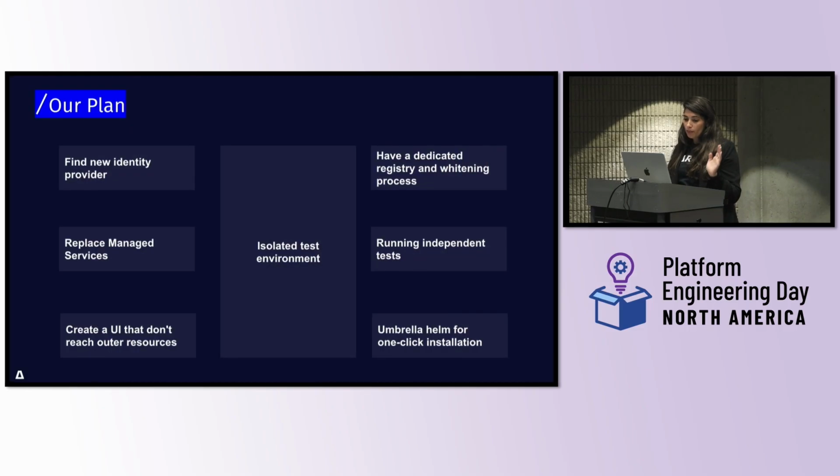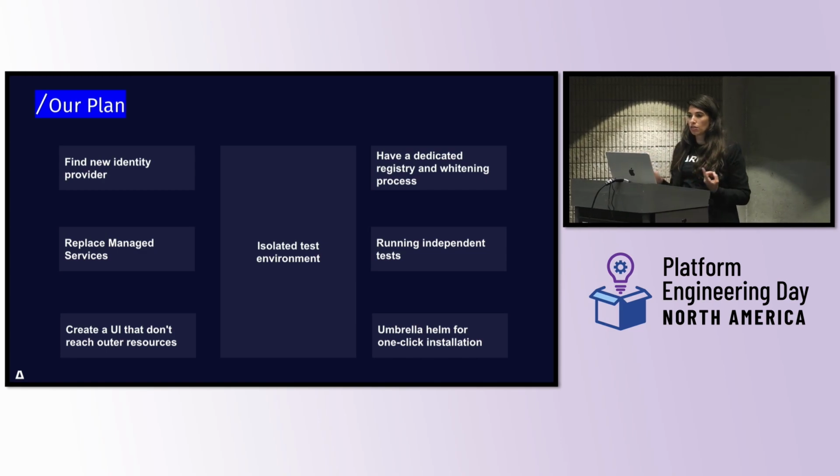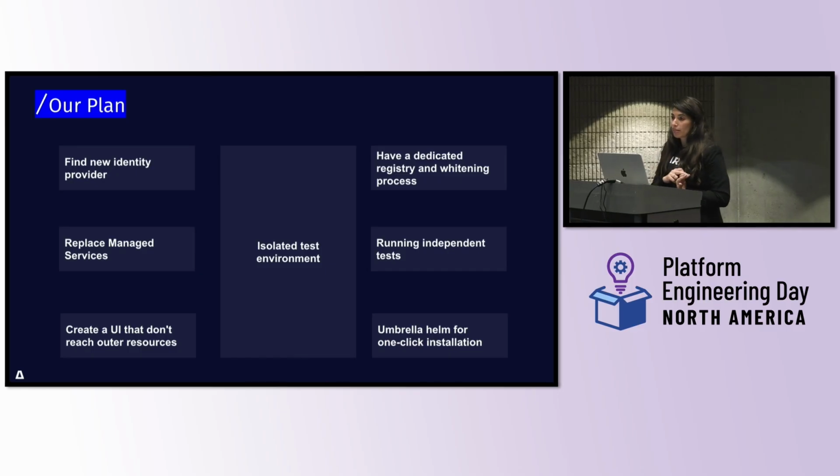So first thing, we wanted to have a fully isolated test environment, to have nothing outside. We wanted to find an identity provider that we can count on, and of course, it's also managed in an air gap solution. We needed to replace all our managed services. We need to have a new front end, a new UI without any connection to outer assets.